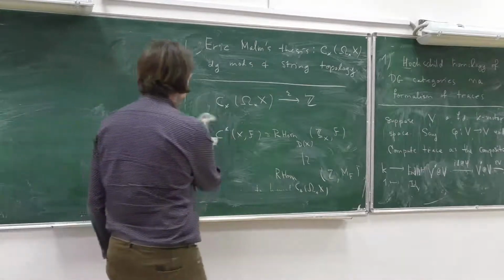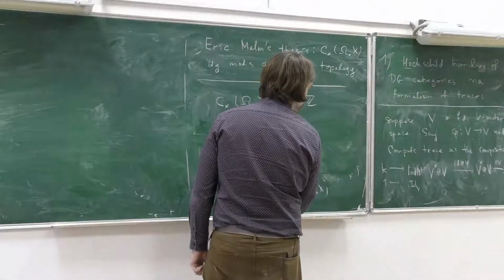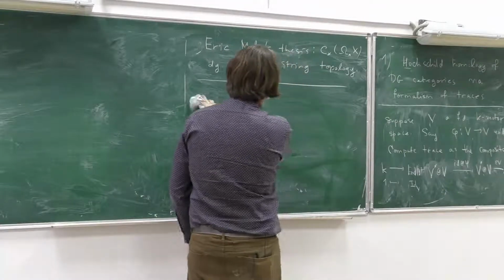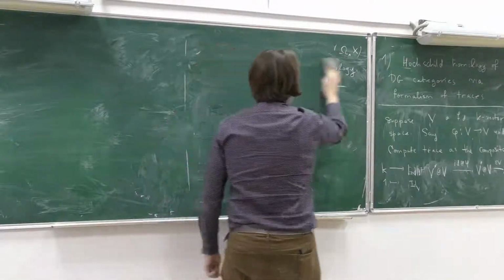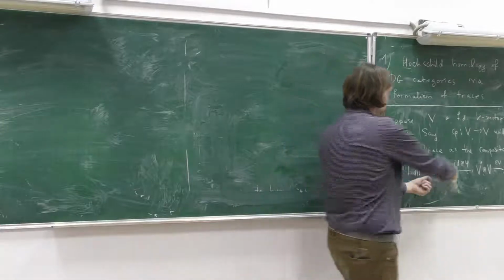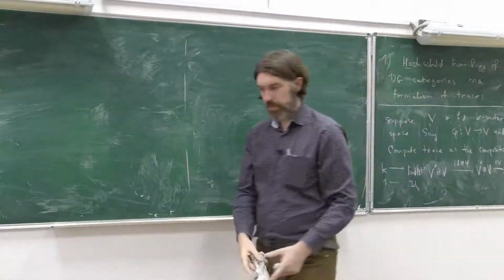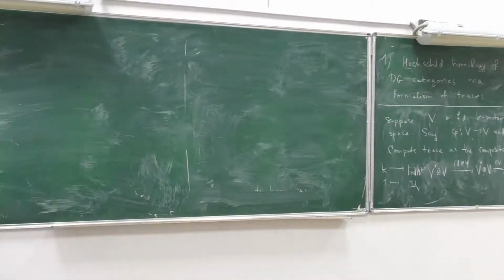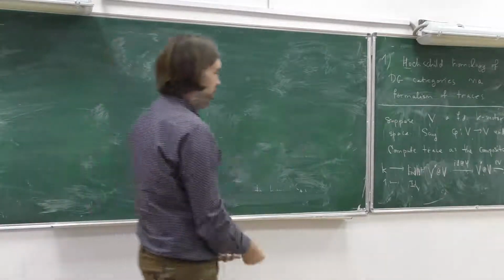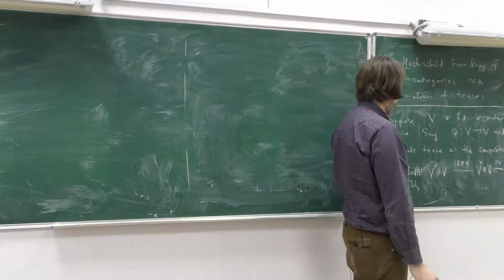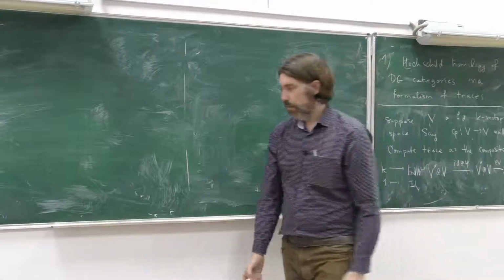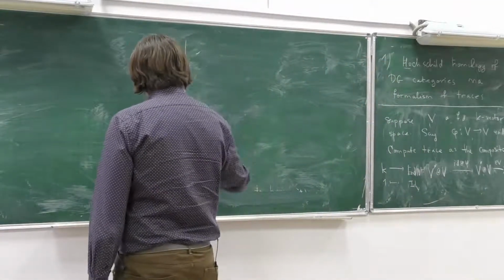What's the first arrow from the ground field to V tensor V dual? 1 goes to the identity. And so in a basis, it would be like the sum of the dual basis tensor the basis. So 1 is a pairing, and then the fact that the pairing is non-degenerate means there's this co-pairing. Okay.